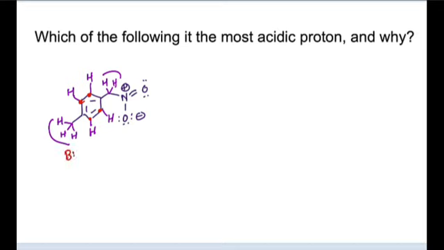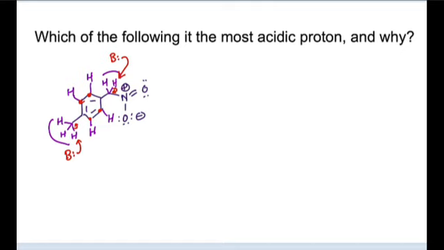And so that leaves us with either the option of abstracting a proton here and kicking the electrons onto this carbon, and right away I'm seeing that there's some resonance there, or abstracting one of these protons and kicking the electrons off onto that carbon.